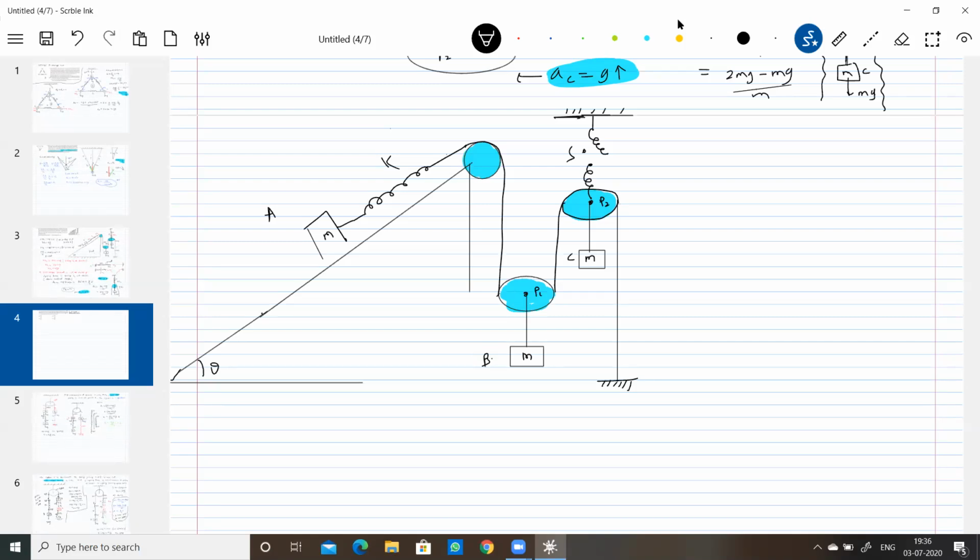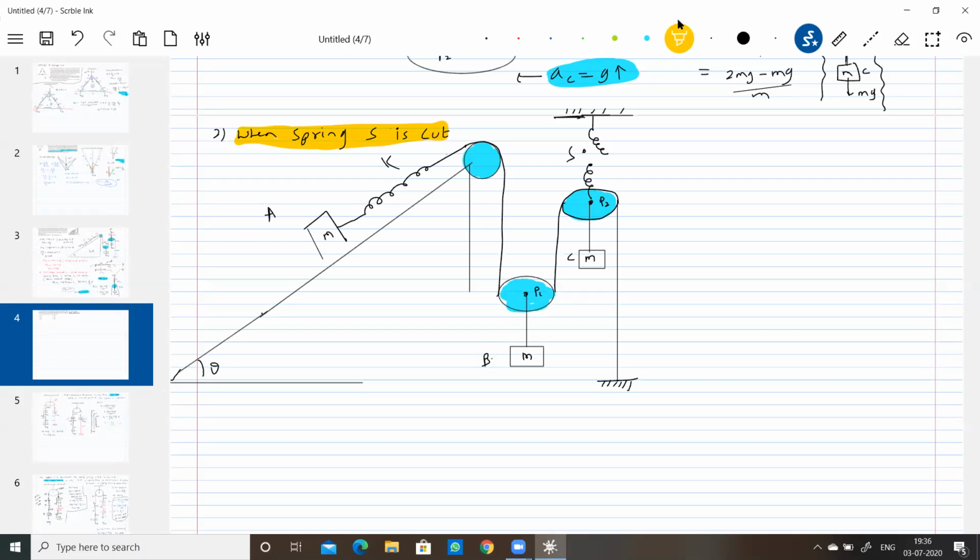When spring S is cut, the second part of the problem. Yeah, we can get into the problem now. What will happen to the spring force? Directly the spring force will vanish, finish over.